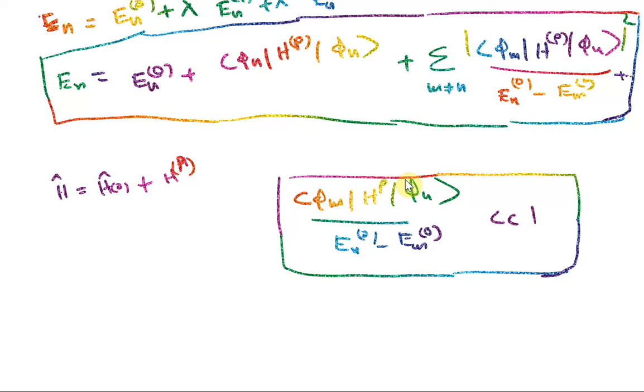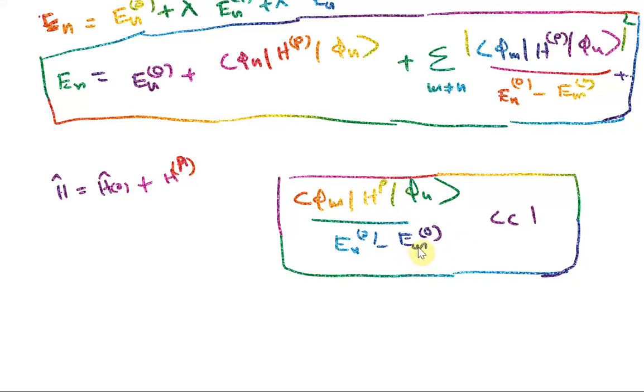Now what will happen if, let's take two states. The energies in the denominator are the unperturbed energy values of two different states. Two states can have the same unperturbed energy. In that case you call them degenerate states.